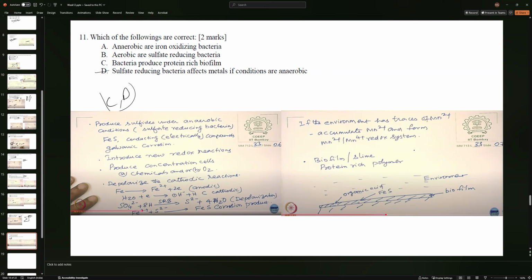Yeah, so protein rich polymer biofilm formation and production of sulfides in anaerobic conditions. CP.